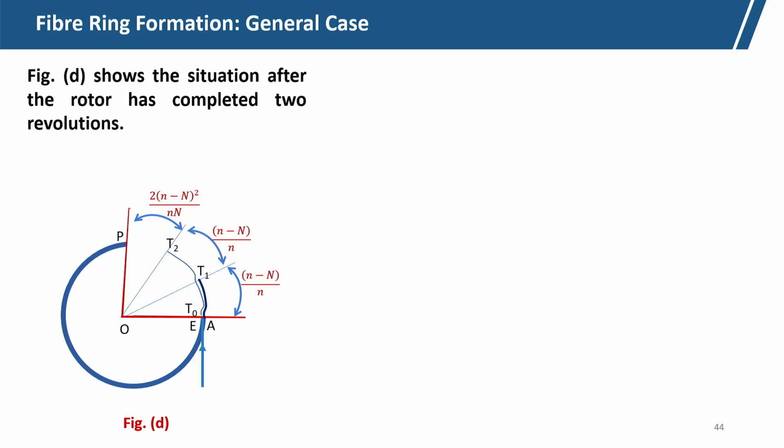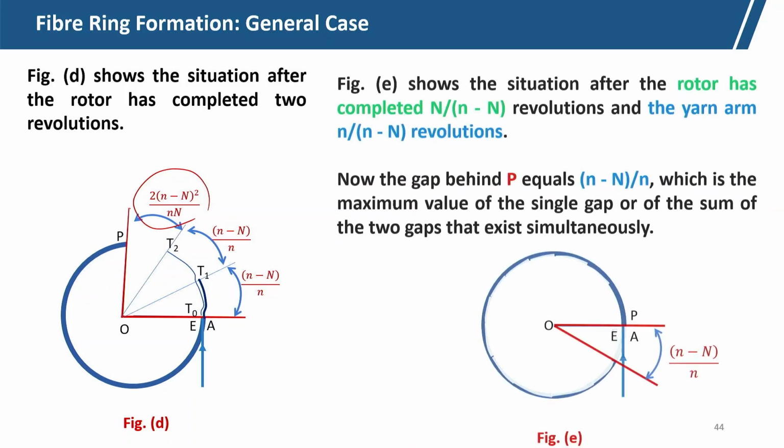Now, figure D shows the next stage, the situation after the rotor has completed two revolutions. So, after the second revolution again we will get this gap.